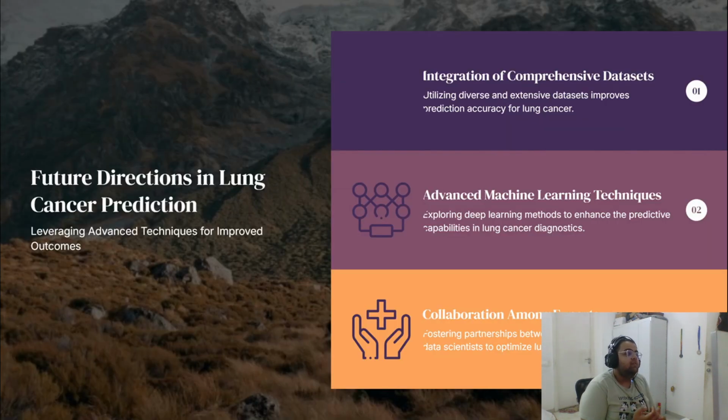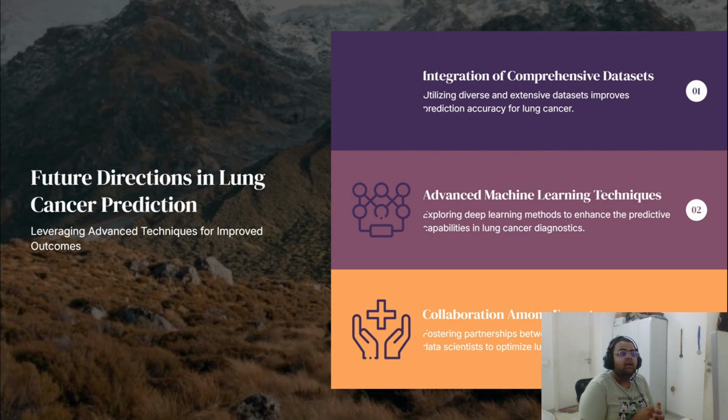Now, future directions in lung cancer prediction: integration of comprehensive data sets, which may contain more relevant points than the ones we've used, and may result in more accurate lung cancer prediction.